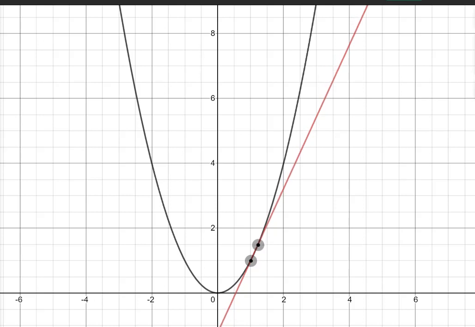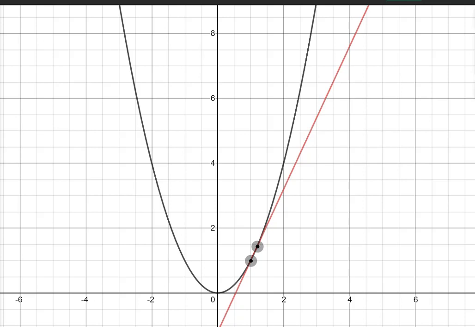So then, how can we get the actual slope of the tangent line if we're not allowed to merge with P? Because then we no longer have 2 points. You see that happening right there. So you can right away see just by looking at this that the closer Q gets to P, that second point gets to that first point, the better the approximation.